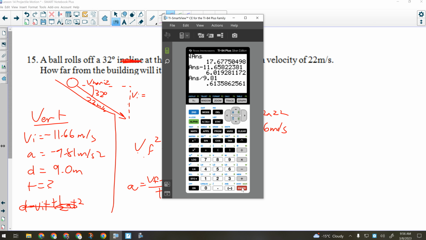Now I can take that and multiply it by my horizontal velocity, which was that number there. 11 meters. All right. That one's a bit tricky. I probably wouldn't give you one like that on a unit exam, but it's worth doing. It's worth seeing how something like that works.